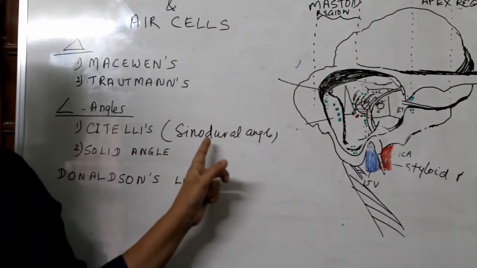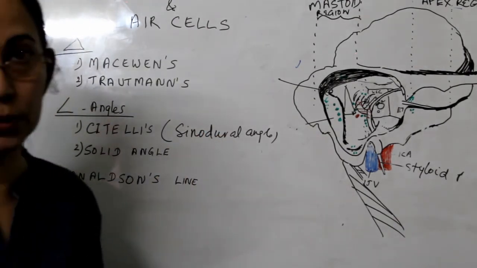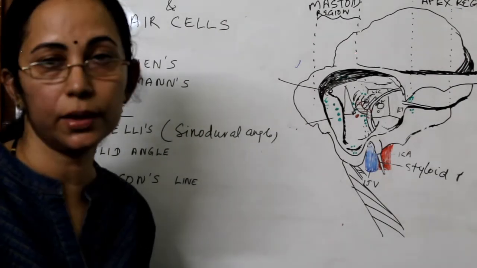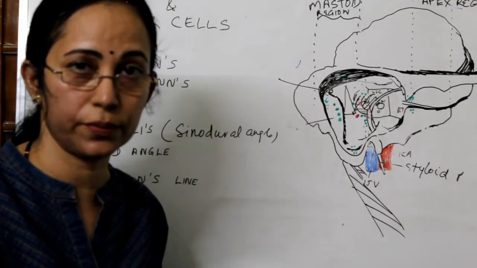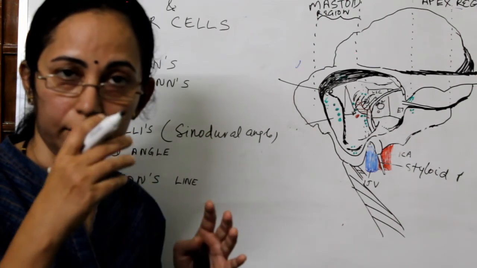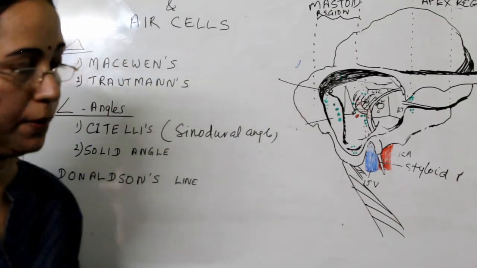The importance is that this is the commonest site of a residual cholesteatoma. If you are not particularly looking at that and clearing the aircells, there is a chance of a cholesteatoma persisting there and presenting as a residual cholesteatoma.